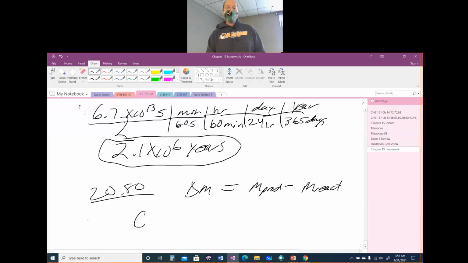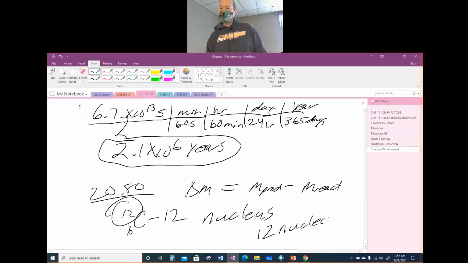Remember, if you have a carbon-12 nucleus, so that is a nucleus, all right, so carbon-12, so that means you have 12 and 6. The mass number is the number of nucleons, so there are 12 nucleons per 1 carbon-12 nucleus.